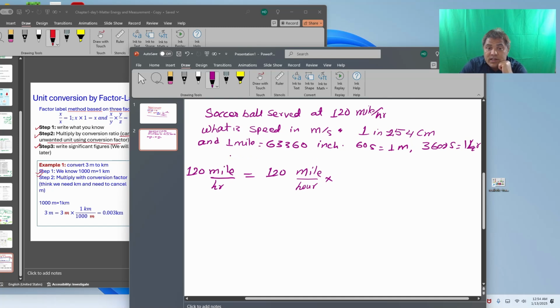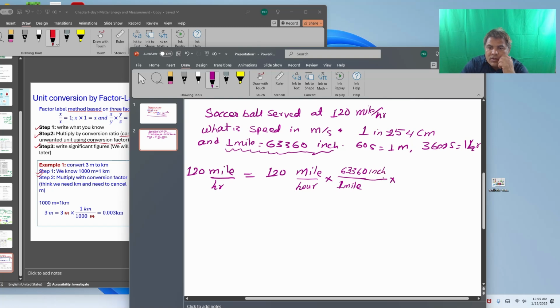Where is the known thing in mile? This one has inch and mile, but you can at least cancel the mile. Mile is in the numerator here, so I write down 1 mile here. And 1 mile is equal to how much? 63360 inch.